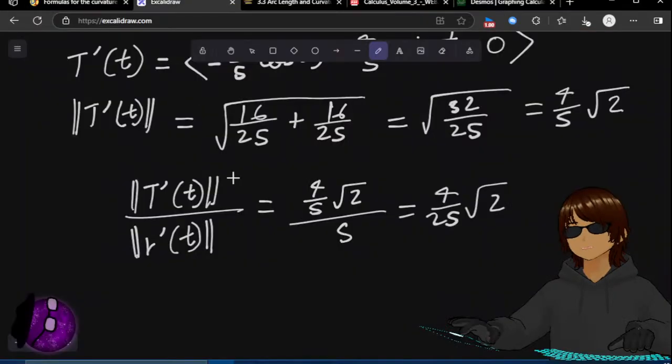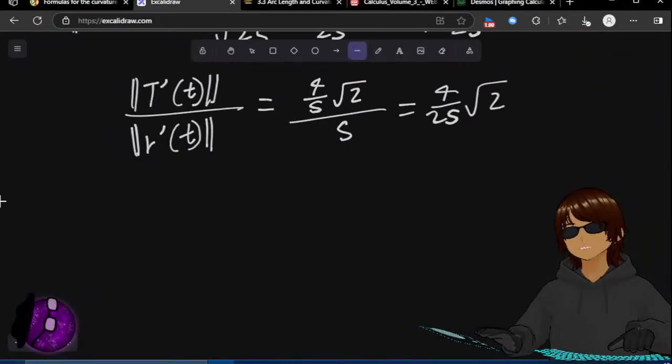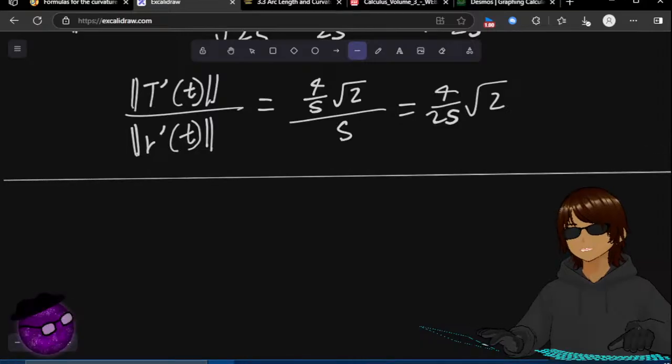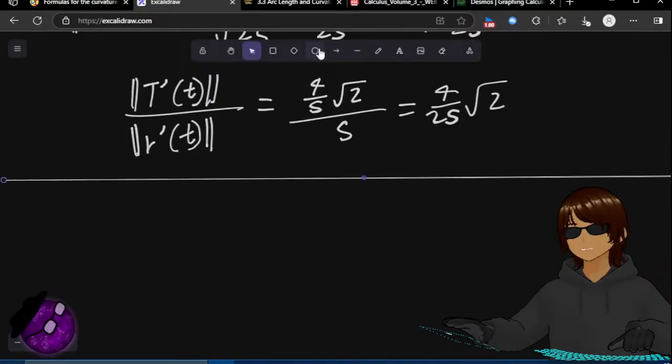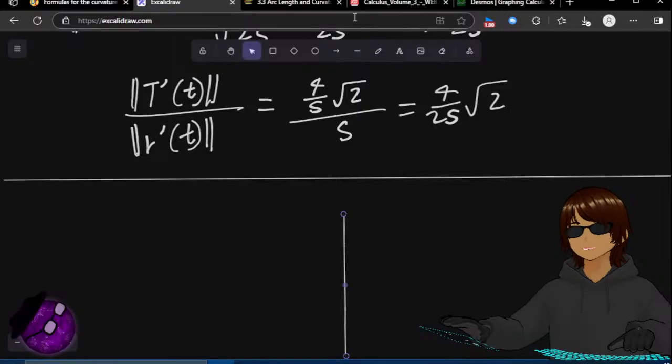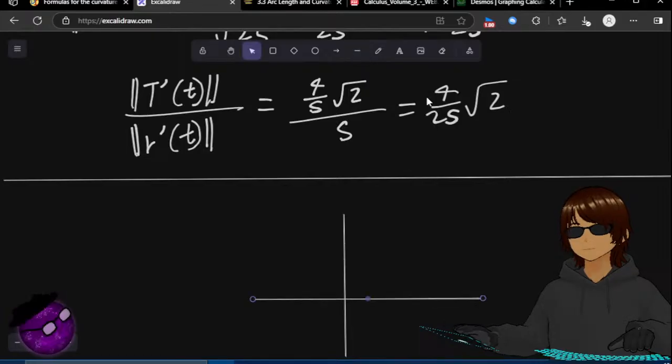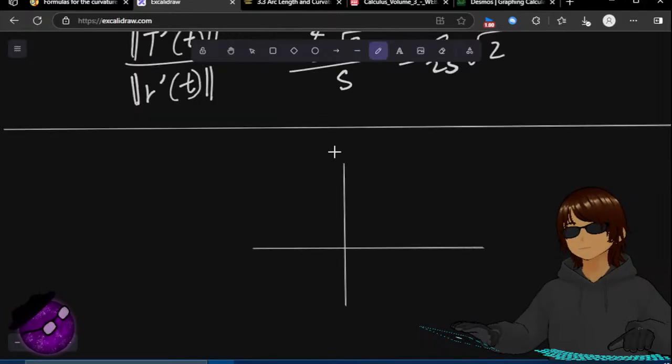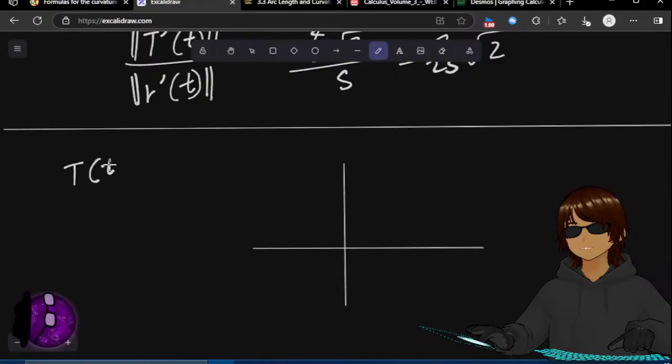So wait a minute. Okay, so from what I remember, let's say T of t is a continuous function. Let's say this is continuous.